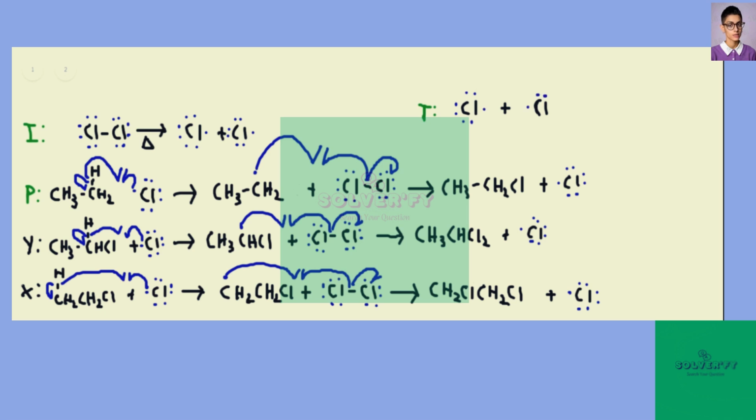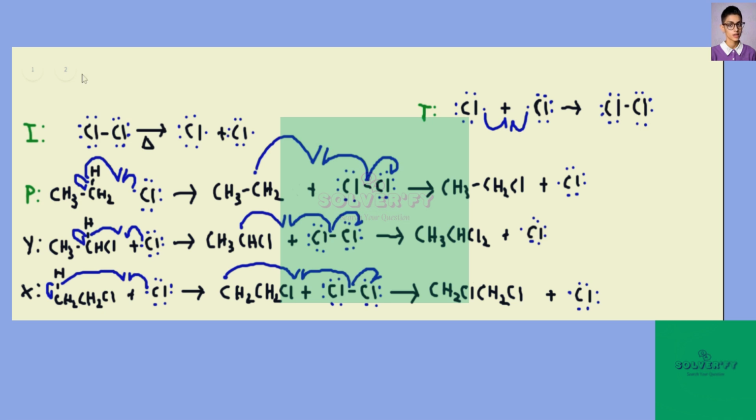Two chlorine radicals can come together, and when they do, we get Cl2 back. There's now no active radical to continue propagating this reaction. That's our termination step, and this is the stepwise mechanism that shows how X and Y are formed.